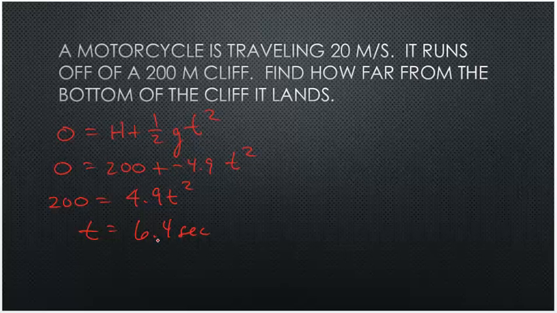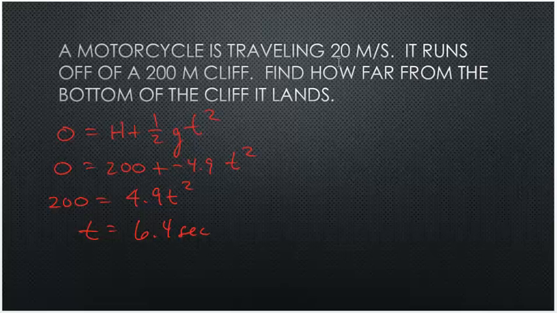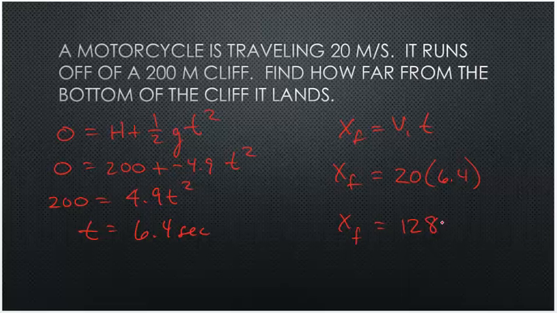Well, now that I know time, I can go into my x equation and find out how far it went, because it was going 20 meters per second for the entire 6.4 seconds. So xf equals vit, 20 times 6.4. xf equals, see, it's multiplied out here, 128 meters.